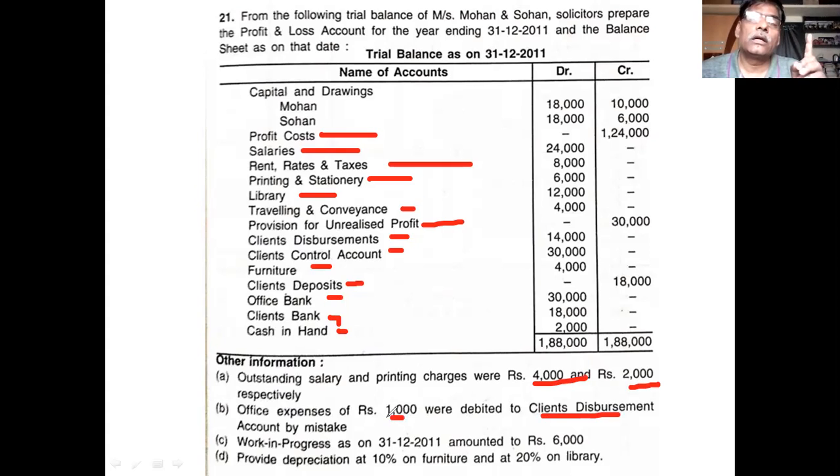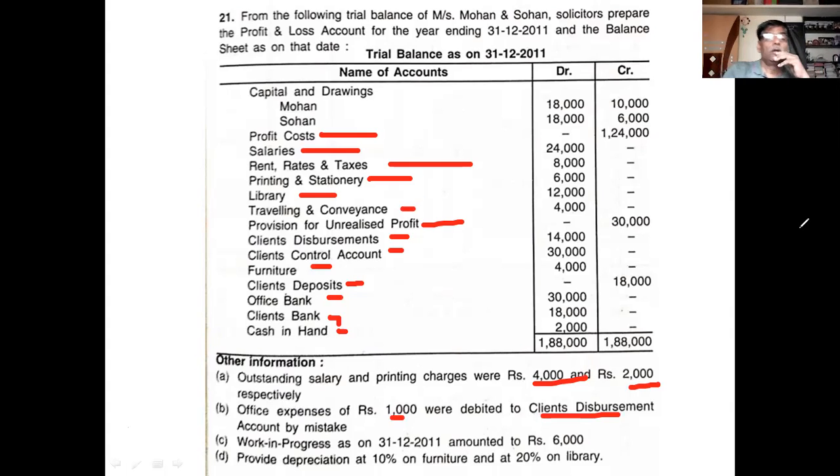Here, office expense is taken in the disbursement. So you have to add in the disbursement and deduct in the office expense. Clear? This is the opposite adjustment to what was already studied.